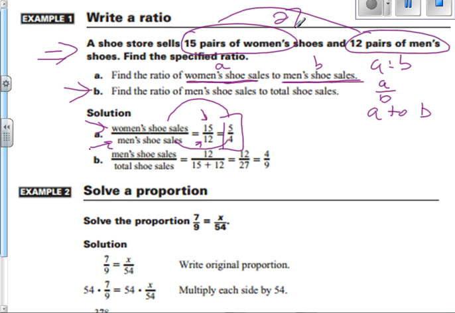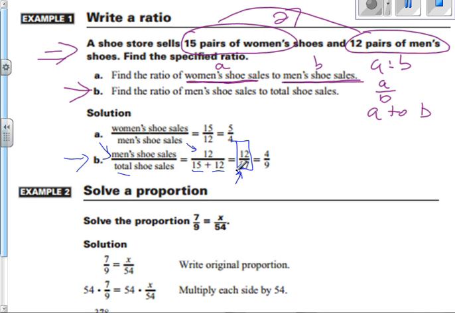So if I look at the solution here, I have men's shoes, which is 12, and then I have the total, which is 15 plus 12, that's 27. So my ratio is 12 over 27. You can divide both of those by 3, that gives me 4/9. So for every 4 men's shoes, there's a total of 9 shoe sales. So that's how you read that.